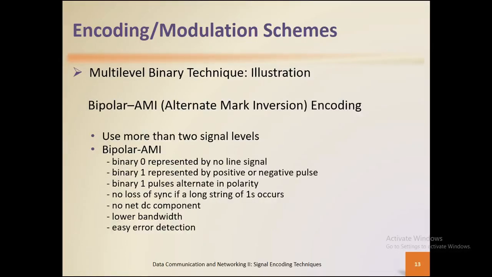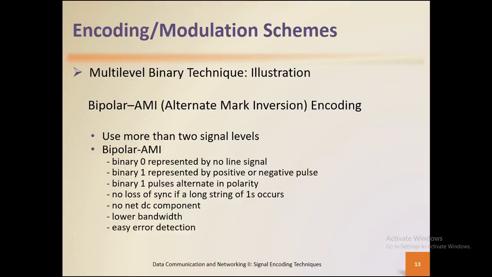One of the techniques within the multi-level binary encoding techniques is the bipolar AMI, which is the alternate mark inversion version. They use more than two signal levels. If you recall, with non-return to zero only two signal levels were incorporated, either a level or high, which could be interpreted as either positive or negative depending on how the voltage fluctuations are encoded, illustrated or interpreted.